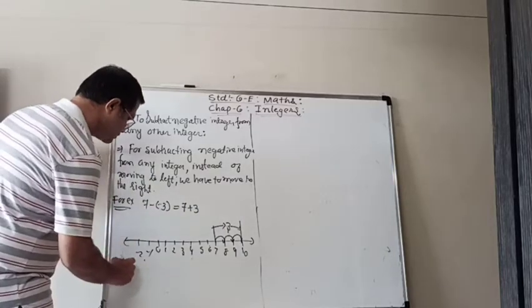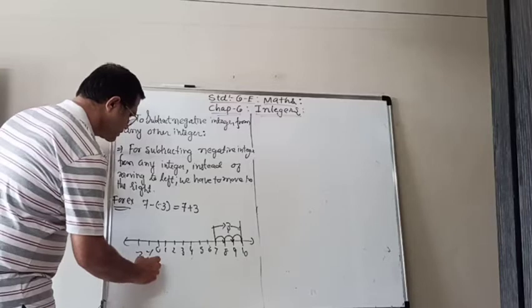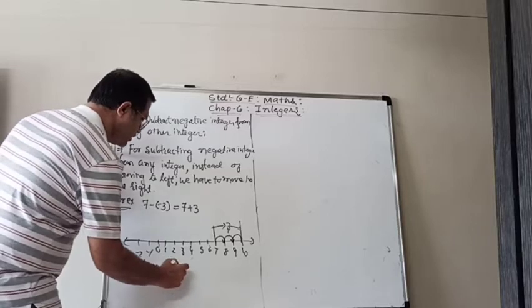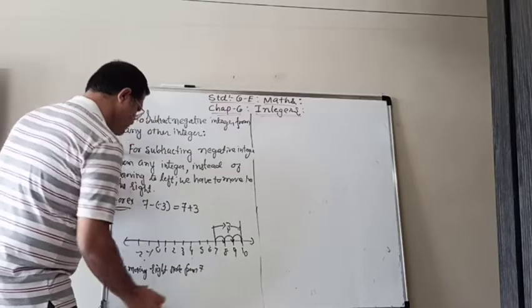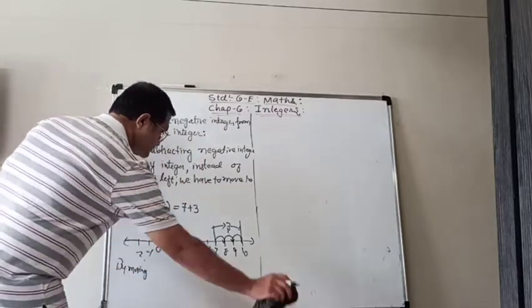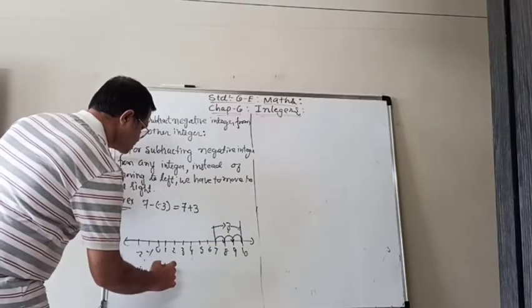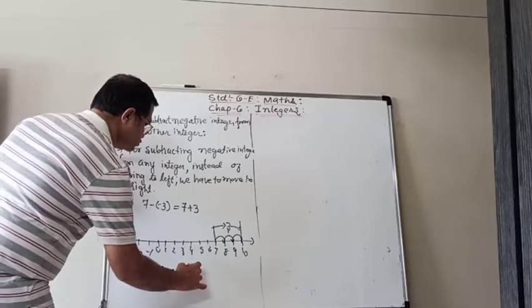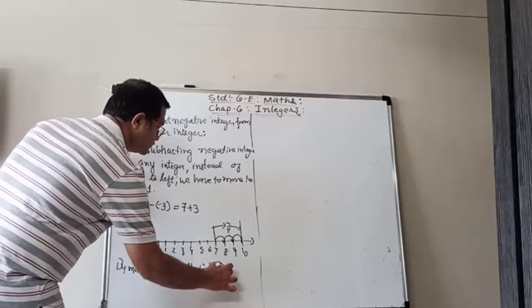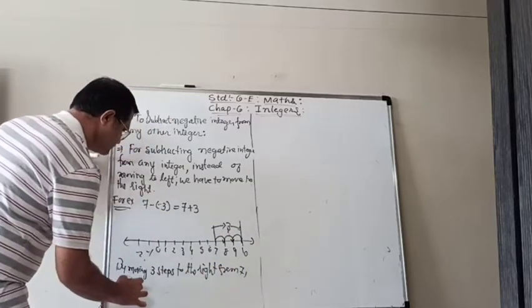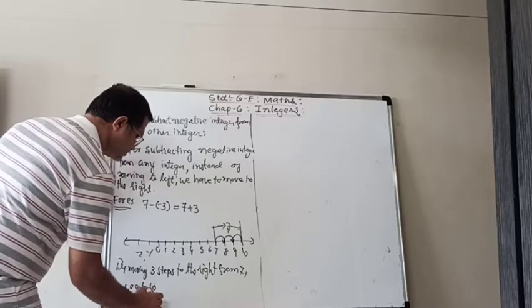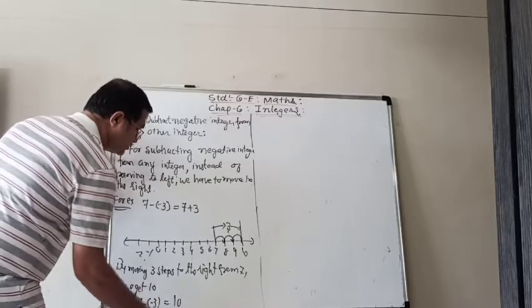So by moving to the right side from 7, 3 steps, we get 10, and therefore 7 minus negative 3 is equal to 10.